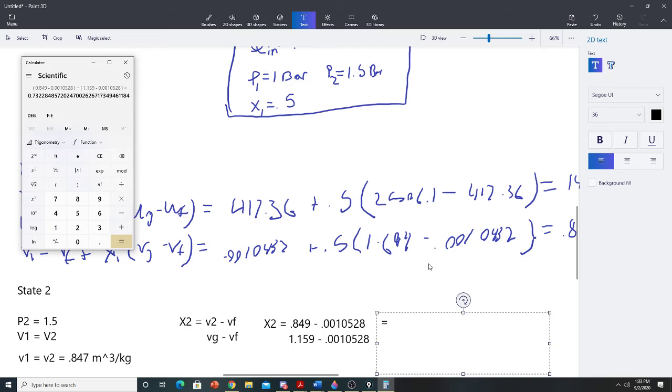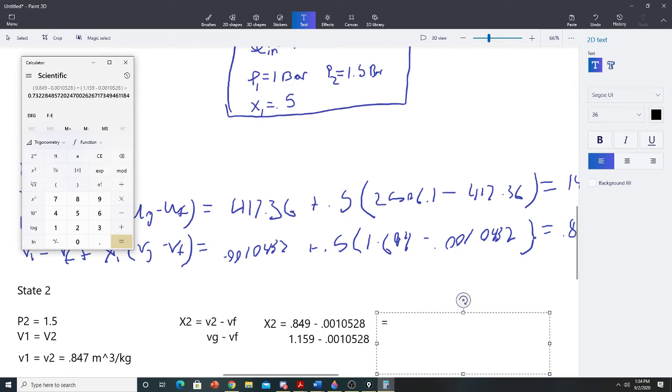And it looks like our quality, what was I going to say? Our quality is, oh, wait a minute. I just misspoke earlier. I just now realized what I said. 0.847 was not the quality. It's the specific volume, which is now higher up relative to the max volume.